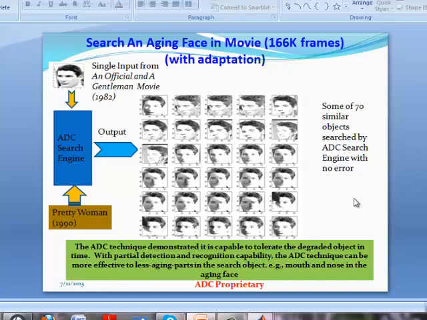As long as certain features remain, our bioinspired technology is capable of detecting and identifying it. Another thing, as we mentioned earlier, is partial face recognition. If you use the part with less aging involved, you're able to retrieve the correct person.